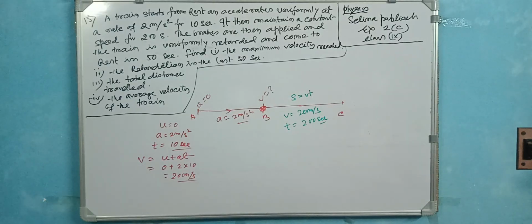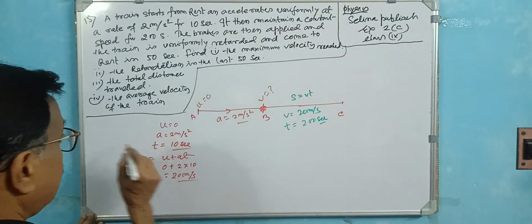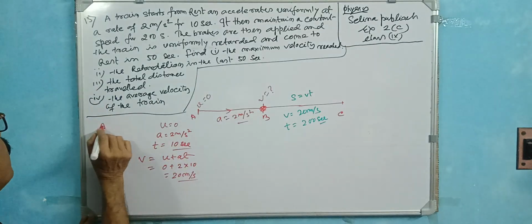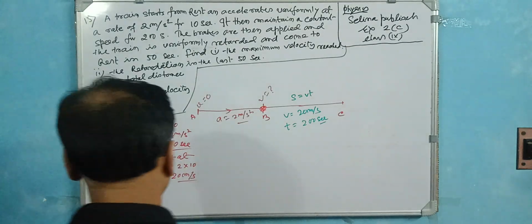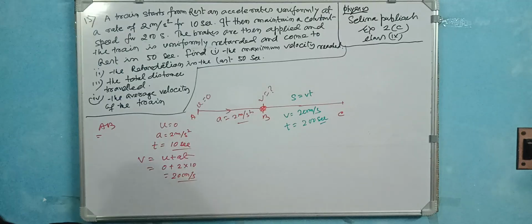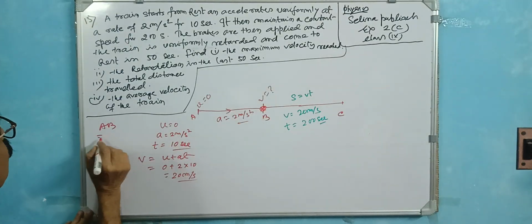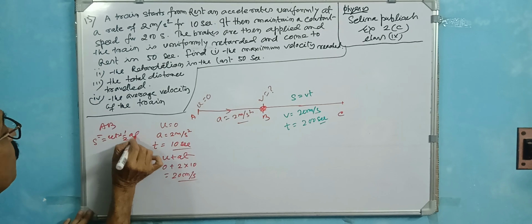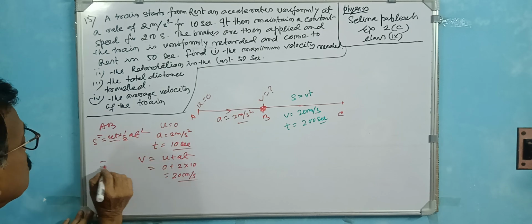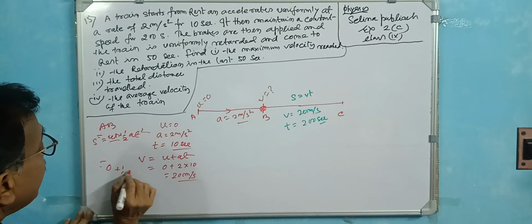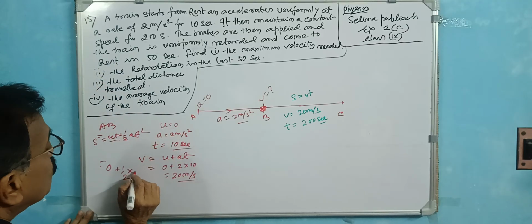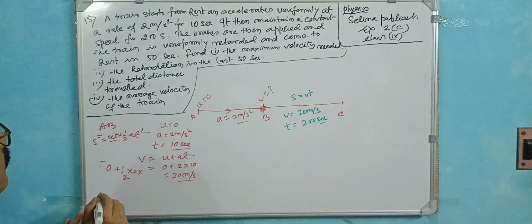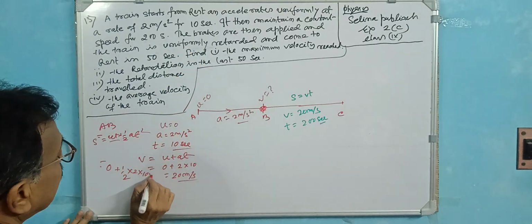One thing you calculate from here also. Now what is the distance of AB? From here to here, AB, S is equal to UT plus half AT square. UT is 0, so plus half AT square, A is 2 and T square is 10 into 10.